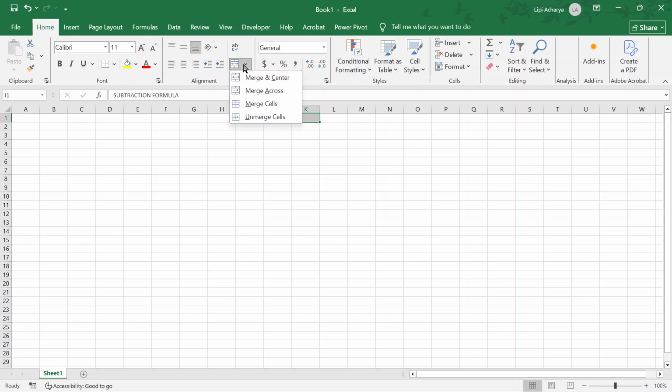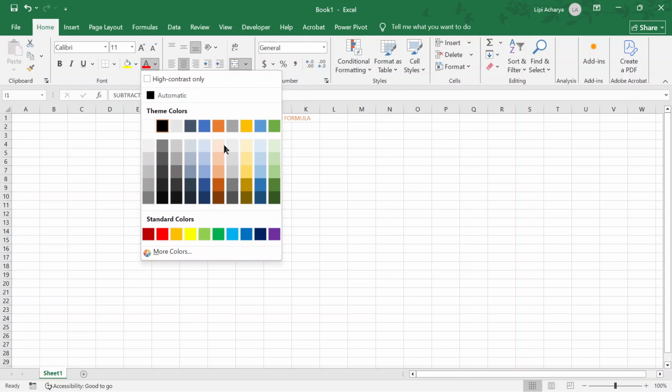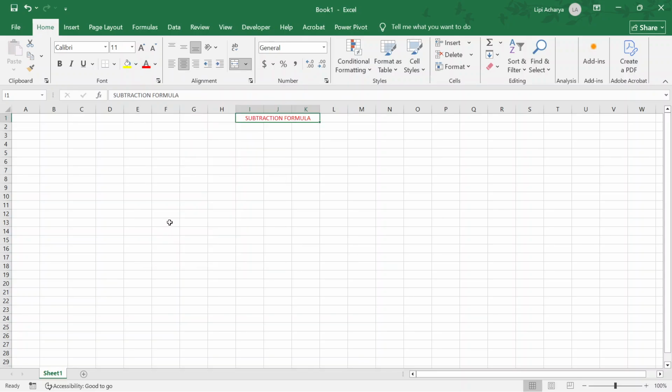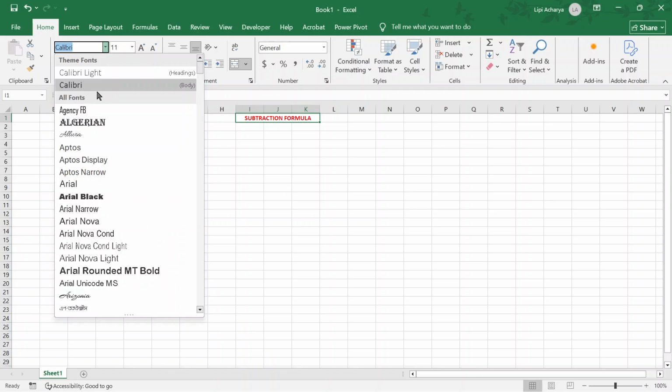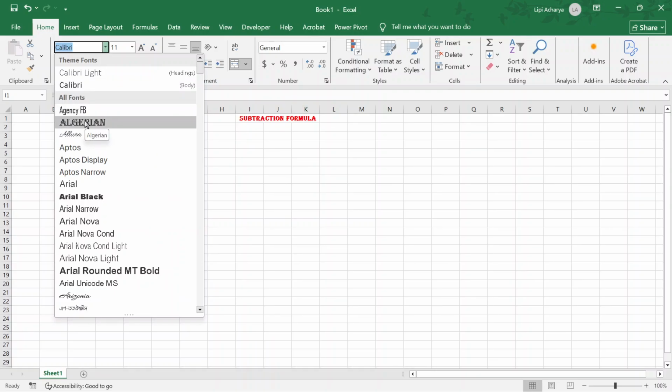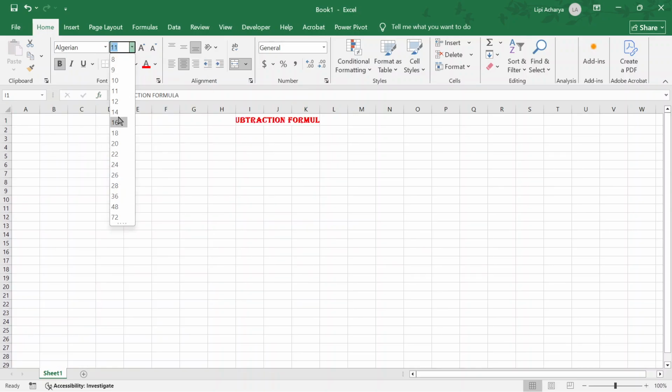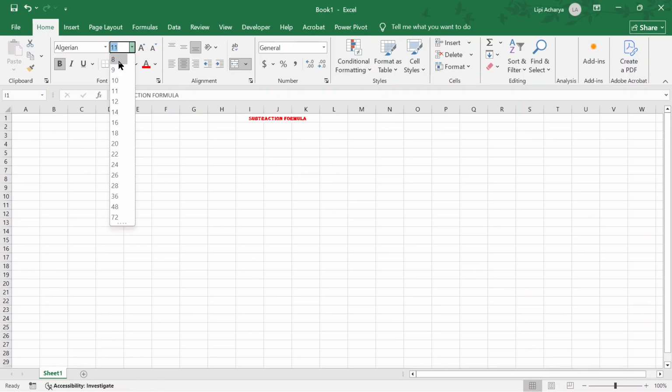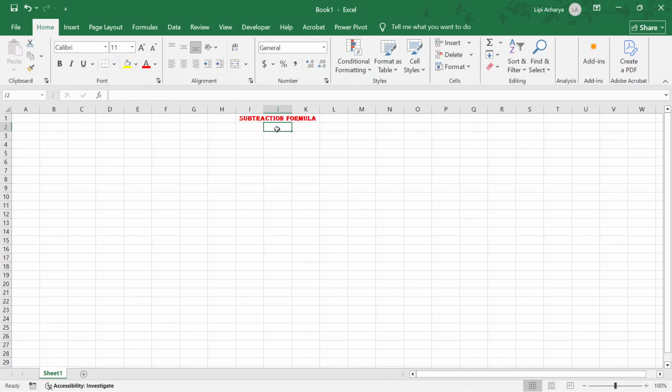Now I will merge it, give it a different color, and bold it.